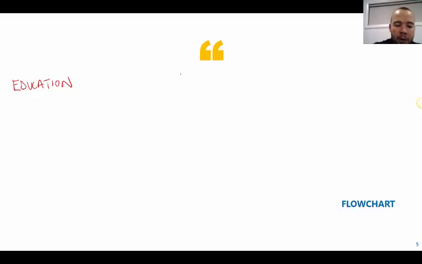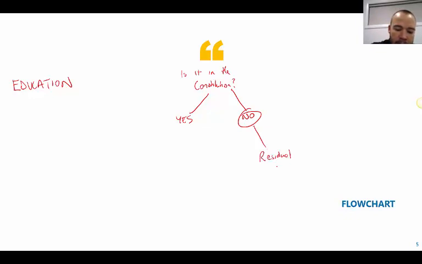The first question we have to ask is, is it in the Constitution? For those of you who know this already, the answer is no. It's not in the Constitution, which therefore means straight away it is a residual power. So that's pretty simple what we would do for education.